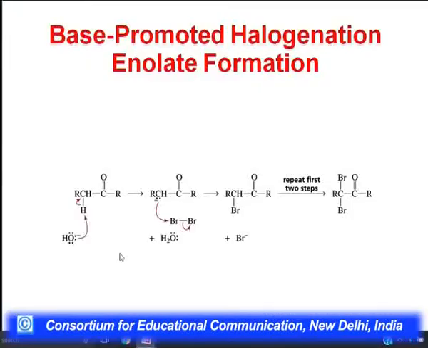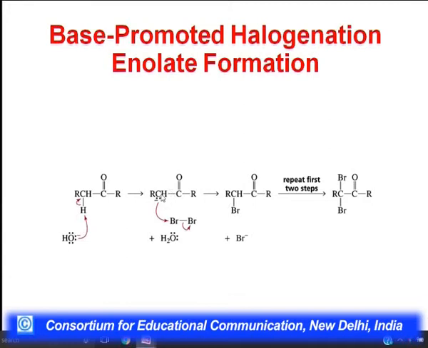So let us look into the reaction. As I told you, the reaction will be started with the base. In this case, this base OH minus will remove a proton from here, and this bonding pair of electrons will go to this carbon, resulting in the formation of a carbanion.